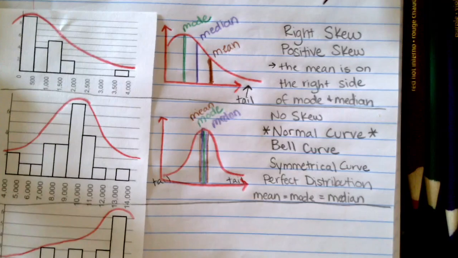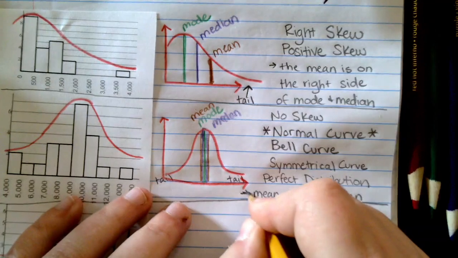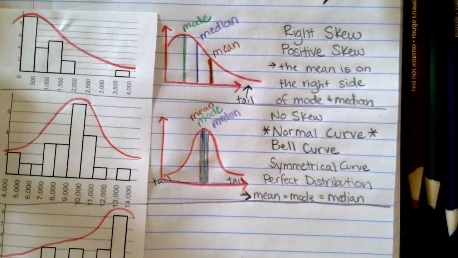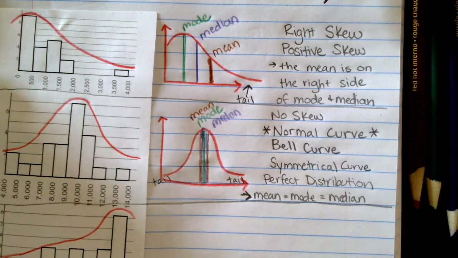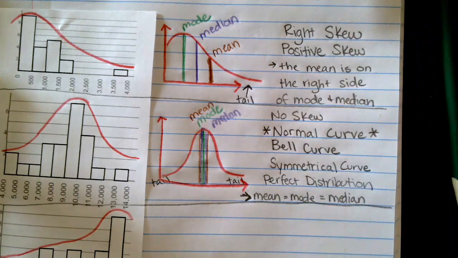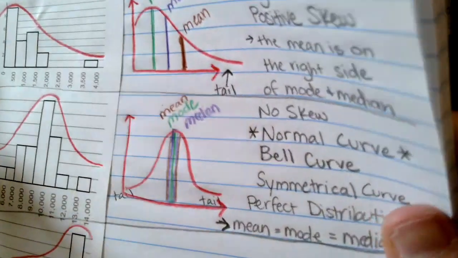But it's going to start off as a tail, and then at the end is our hill. I'm not as great at drawing these ones. For some reason, this one's easier for me to draw right to left.